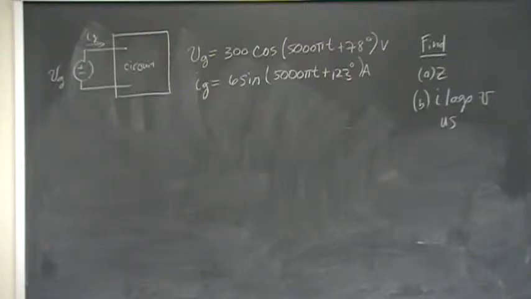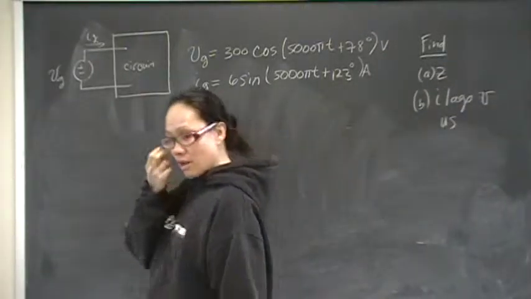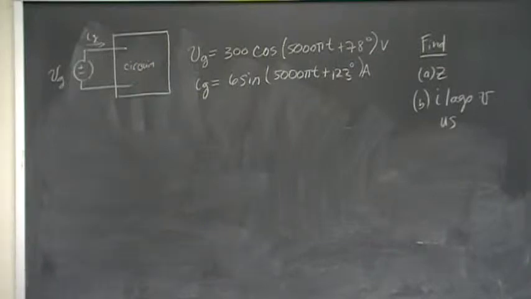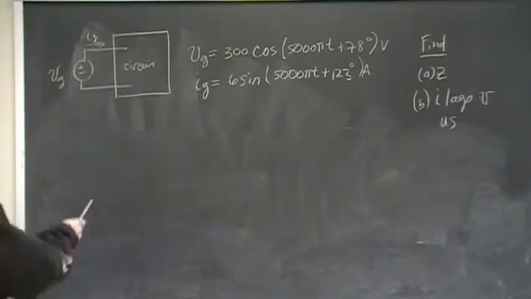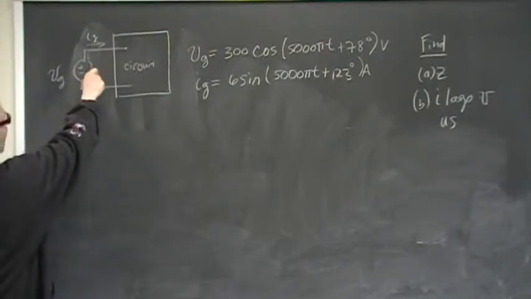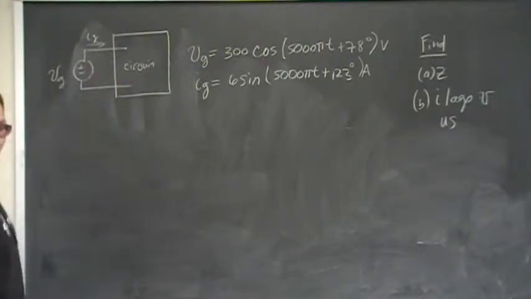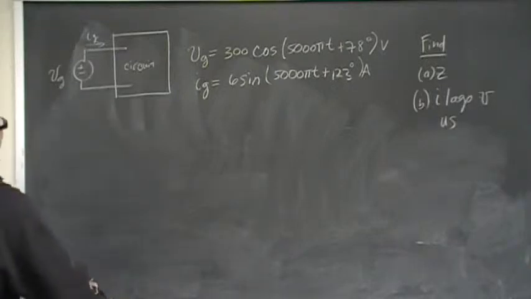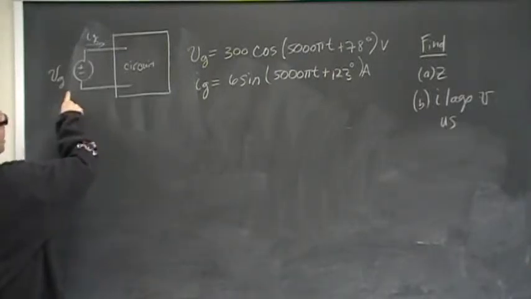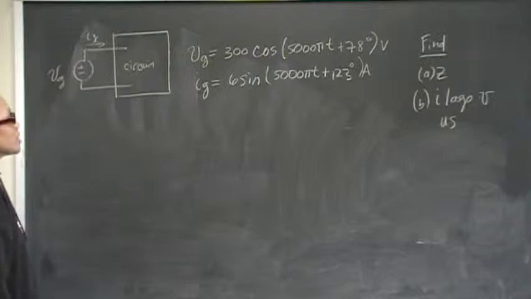Hey guys, so this is problem 12 from chapter 9, from the section on phasors. In this problem we have some kind of black box circuit. We know current is going in through that terminal, and it's connected to an independent voltage source.